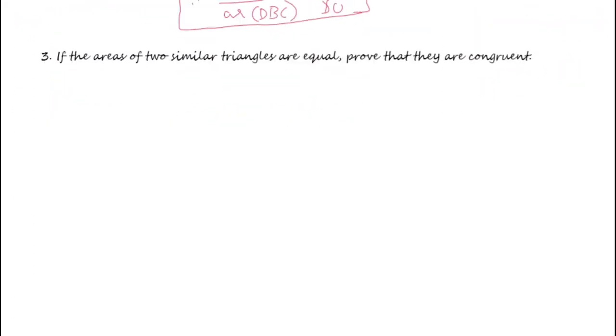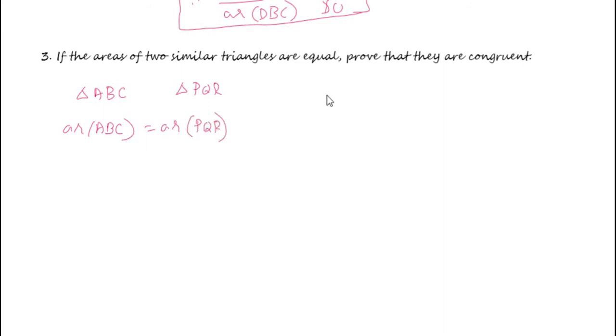Next exercise, if the areas of two similar triangles are equal, prove that they are congruent. What is given here is that the areas of the two triangles are equal. Let us take triangle ABC and triangle PQR. So given, area ABC equals area PQR.